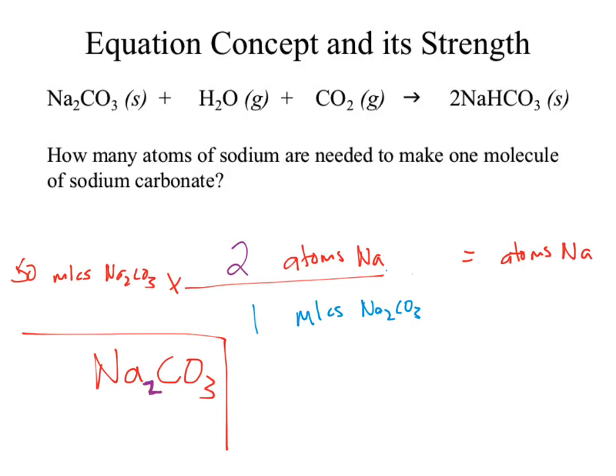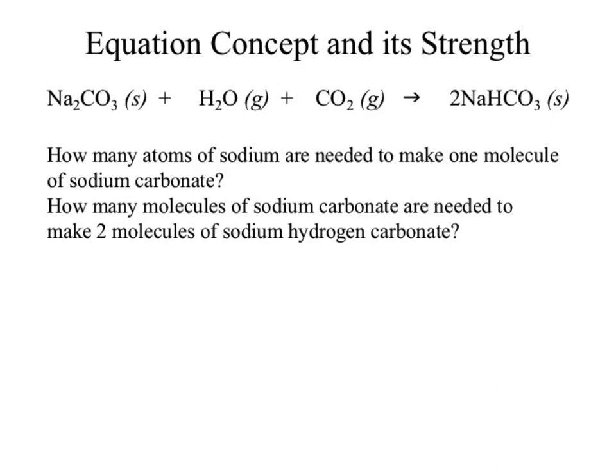Well, isn't there something more complicated up there? Didn't it say something about the equation concept? How many molecules of sodium carbonate are needed to make 2 molecules of sodium hydrogen carbonate? That's going to be a lot harder. What am I solving for? Molecules of sodium carbonate.